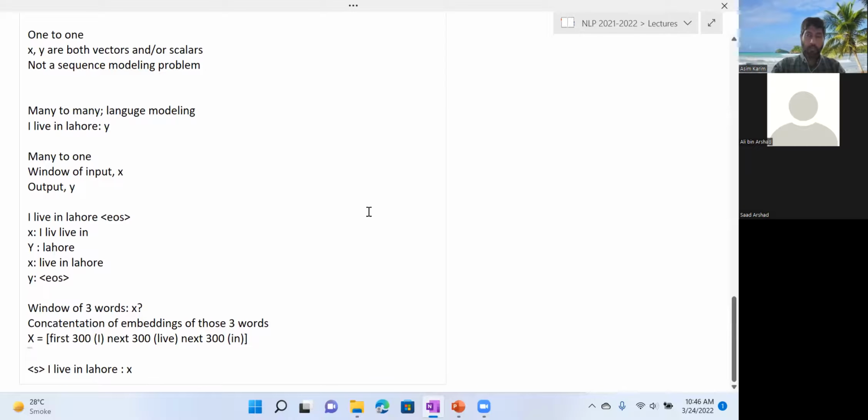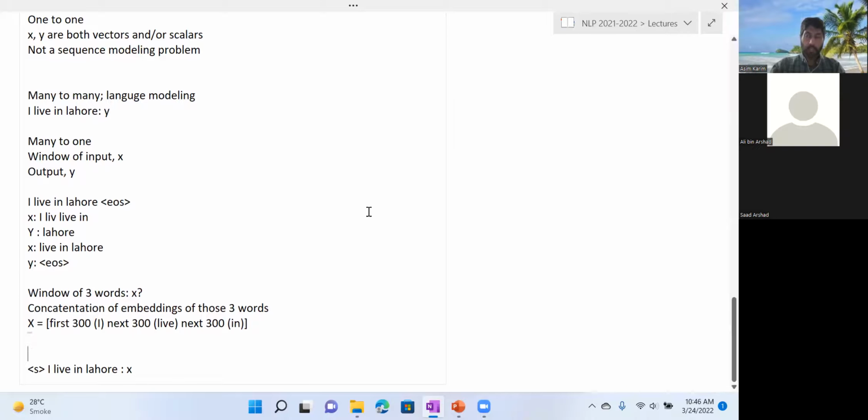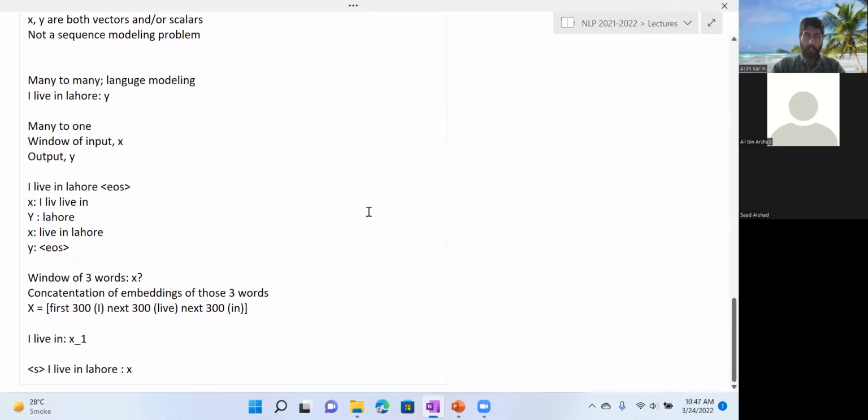Another issue with using standard neural networks is, looking at this representation X, X is a concatenation of embeddings or one-hot encodings. So, for example, we have "I live in", let's say this is X1, and then "live in Lahore", this is X2, a sliding window.